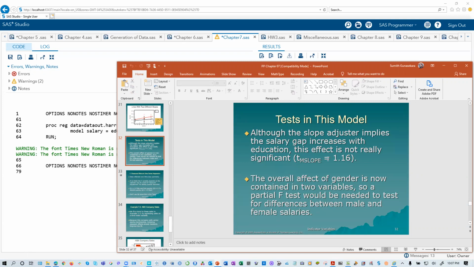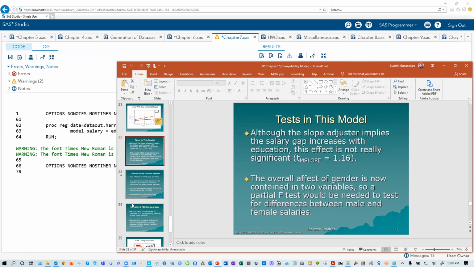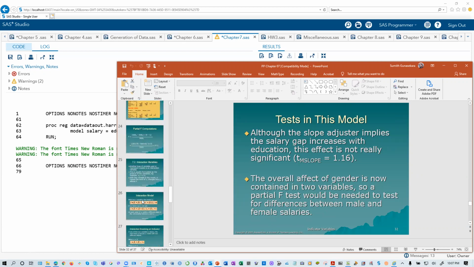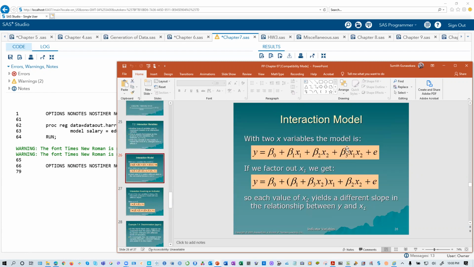In a situation like this, you can remember this is what they were telling. If you have an interaction term like this, it is going to be contained here and here.